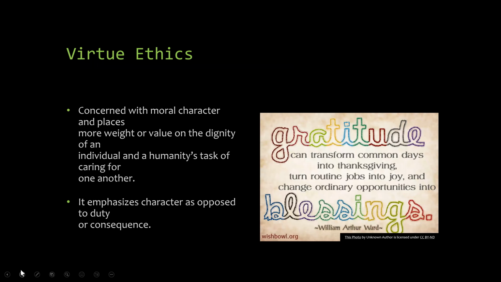That we're really just trying to serve the most people possible. Now, virtue ethics, this is what we tend to think more of when we think of ethics. What are your beliefs? What do you think is virtuous? So it's concerned with moral character and places more weight on dignity of the individual and the humanity of caring for another.